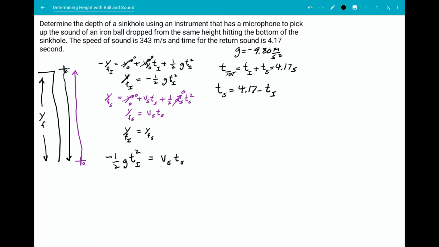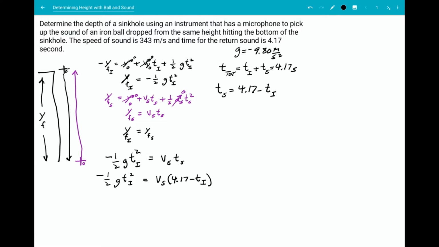So I'm going to have negative 1/2 g t i squared equals Vs times 4.17 minus t i, and that's going to be a distribution. And as soon as I see that t squared, I'm going to need the quadratic equation later. And that's a good thing, because then I can use that to put into either the purple equation or the black equation. I think it's the black equation that I'm going to use.